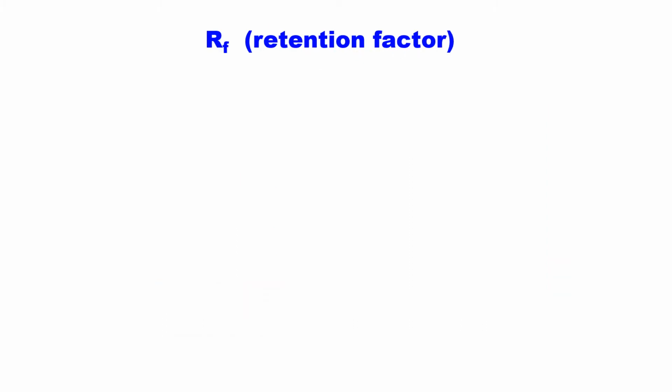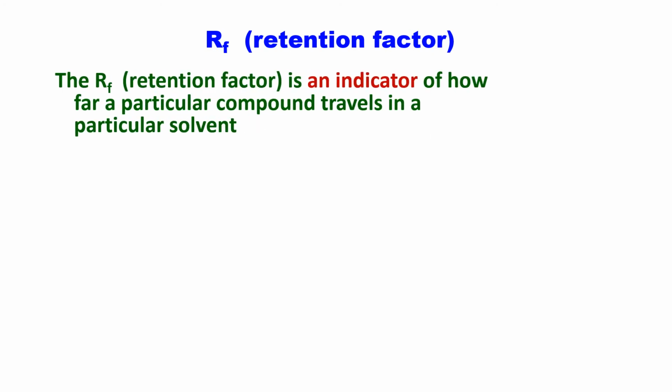Now that was about the performance of thin layer chromatography, but how to analyze it, how to draw information from that. So an important factor we need to understand here is the retention factor or RF factor. The retention factor is an indicator of how far a particular compound travels in a particular solvent.